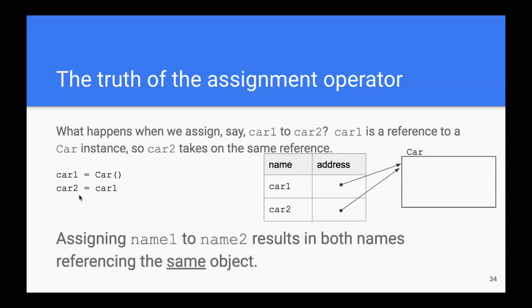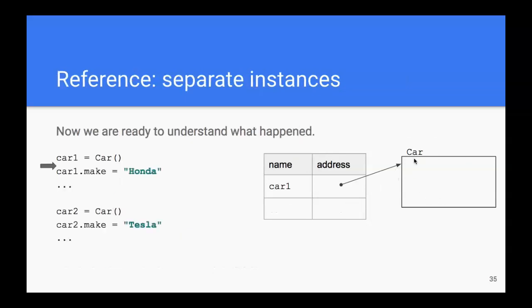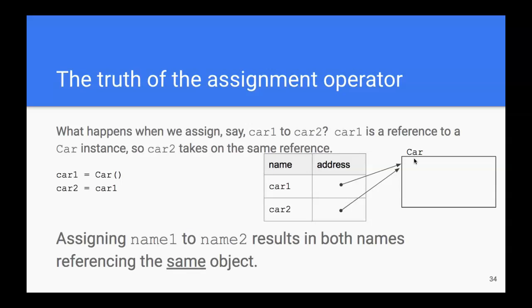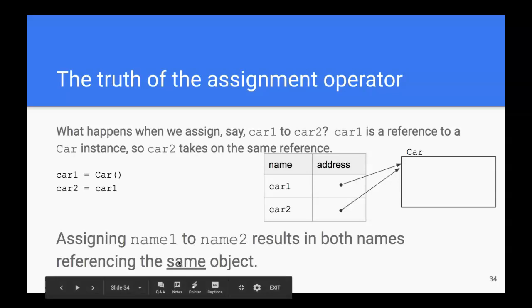So what ends up happening is car2 takes on the same reference as car1, which means they end up just pointing to, or referencing, the same car instance, the same object.